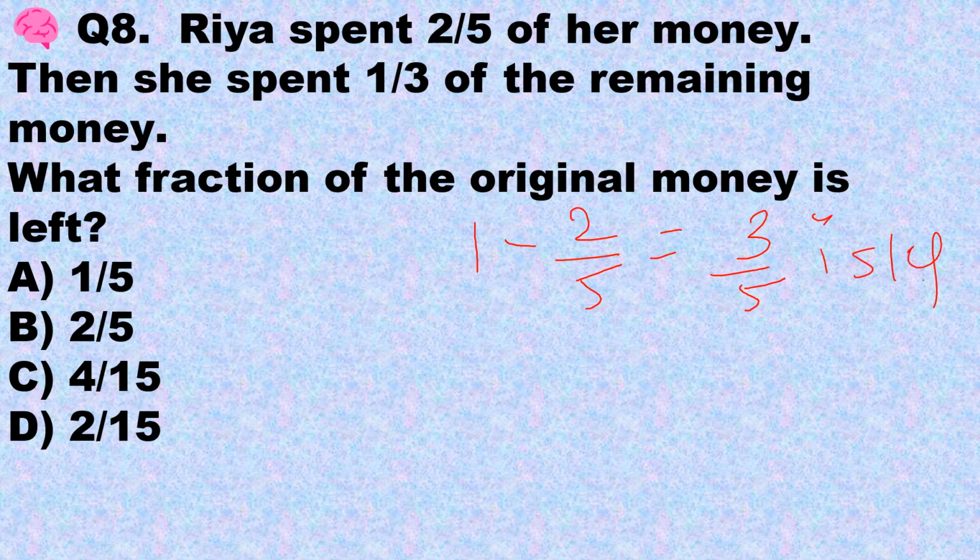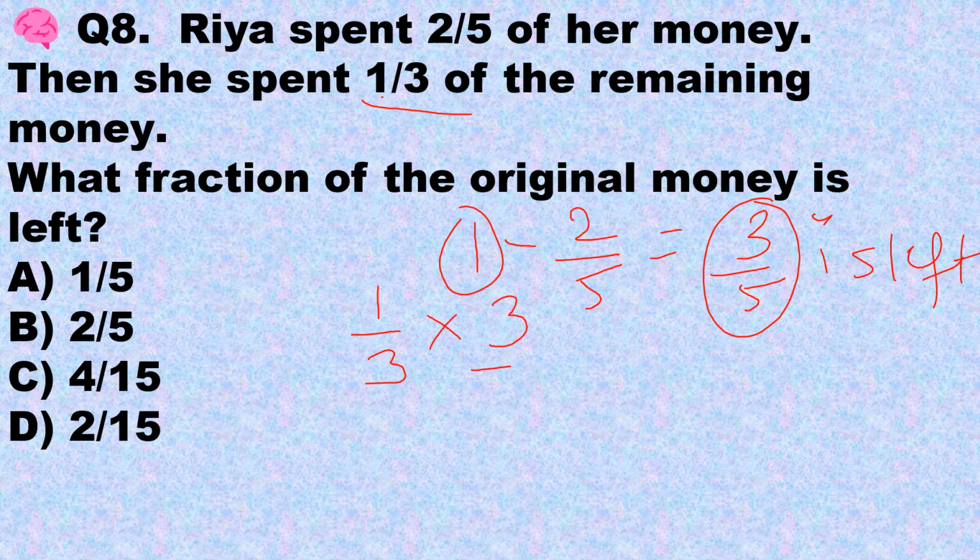Okay. Now second, she spent 1/3 of the remaining money. So she is spending 1/3 of the remaining money, not from her original money. She is spending from the 3/5 part. So we will multiply this. Try to understand it clearly. So what you will get here? 1 by 5.